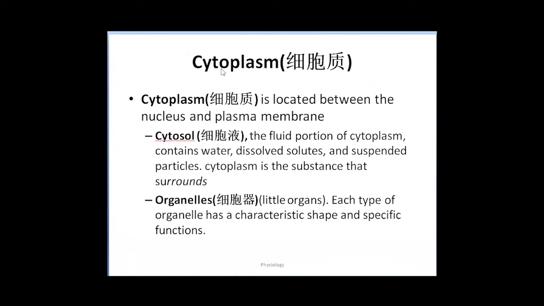So cytoplasm, we say it includes two parts. One is the liquid part, that's mainly fluid in there, mainly water. And also some water soluble stuff in there, like oxygen going inside the cells, and carbon dioxide, and some ions.